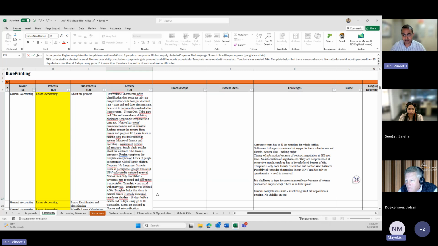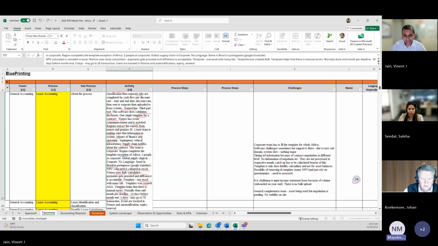It also automatically sends reminders on expiry and whether or not a renewal is upcoming. Okay, but it's just a point to put in the Nomos system. In case information is not there in Nomos, there is no tracking. Correct. Then we rely on the region to do that. I'm sure the region has their own way of tracking.